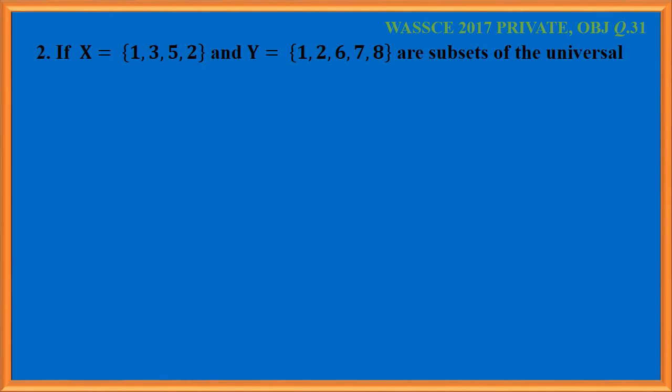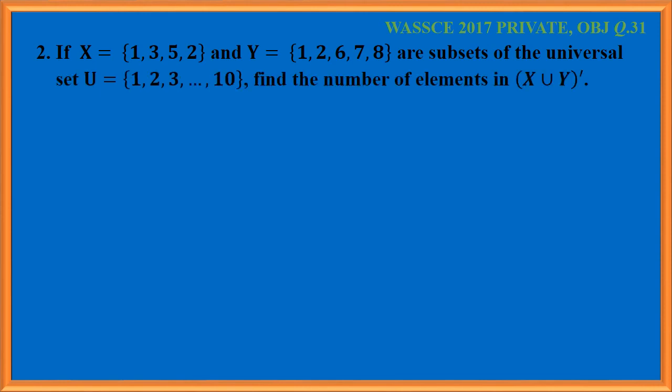So we have this particular question, which is a WASSCE 2017 private objective, question number 31, where we are given X to be 1, 3, 5, 2, and Y to be 1, 2, 6, 7, 8, are subsets of a universal set, which is U equal to 1, 2, 3, and it continues to 10. Find the number of elements in X union Y prime.